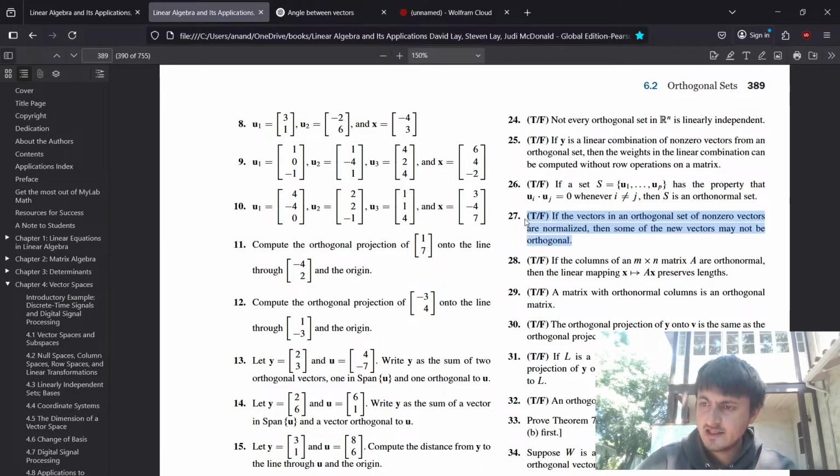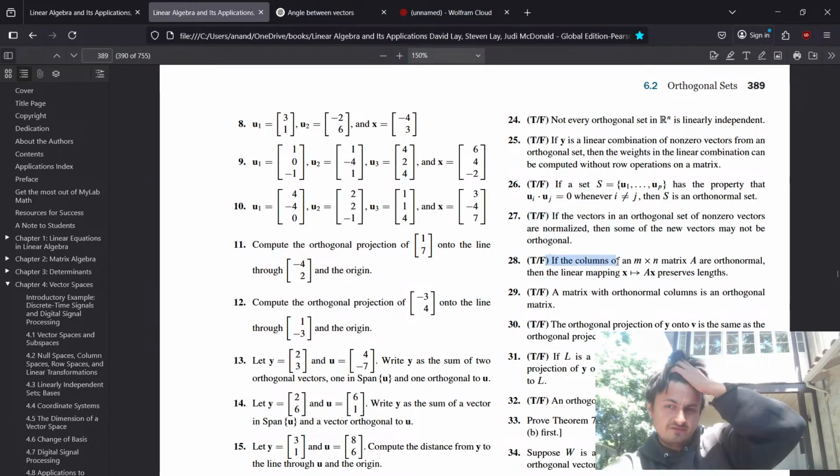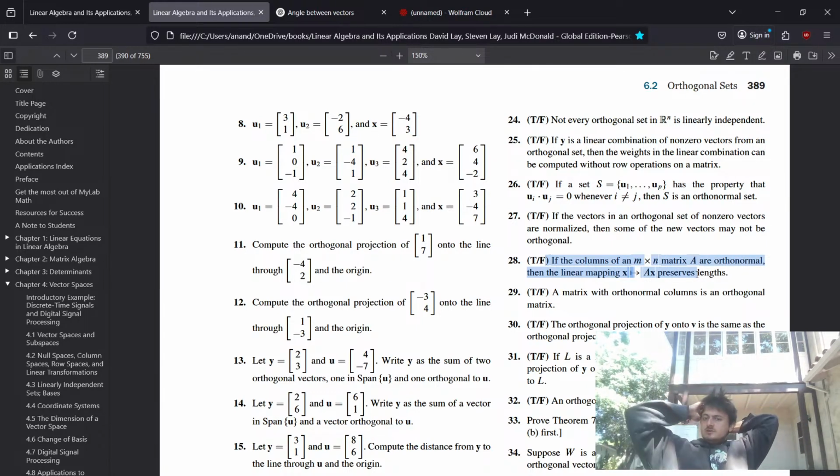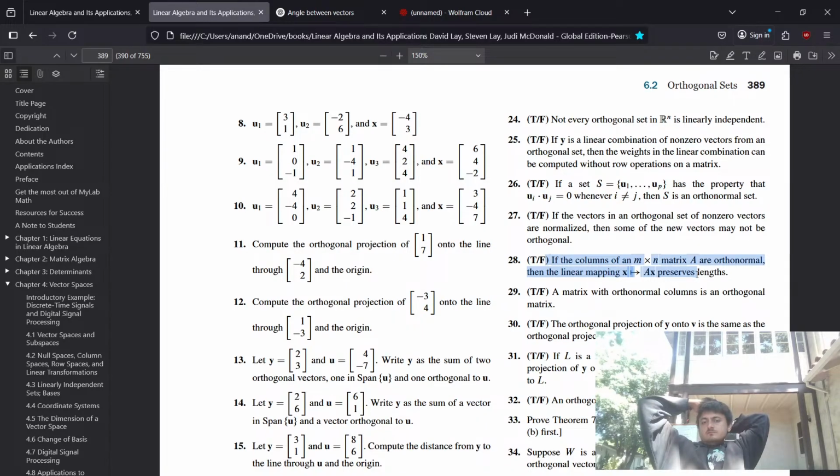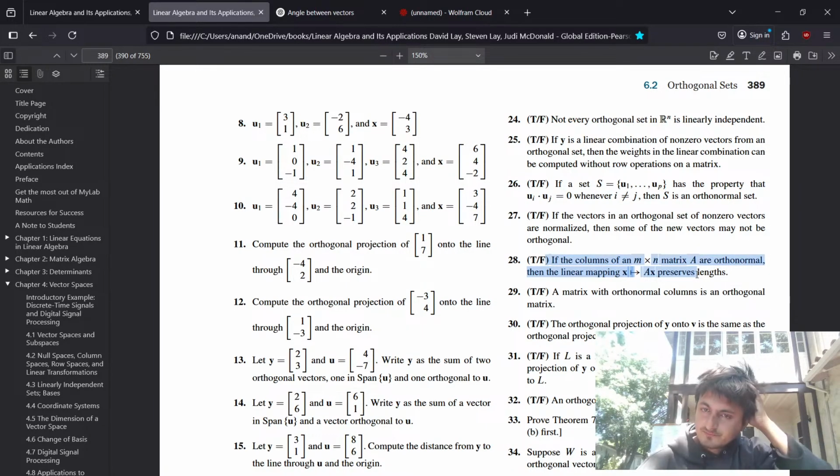Normalization is a direction preserving operation. 28. If the columns of an n by n matrix are orthonormal, then the linear mapping preserves length. That's true.